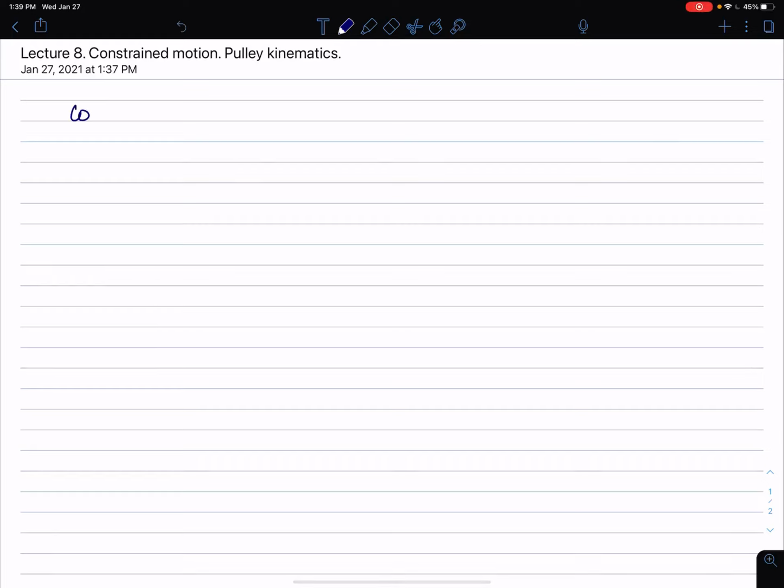Okay, the next topic is constrained motion. By which we mean that there are some restrictions on motion.